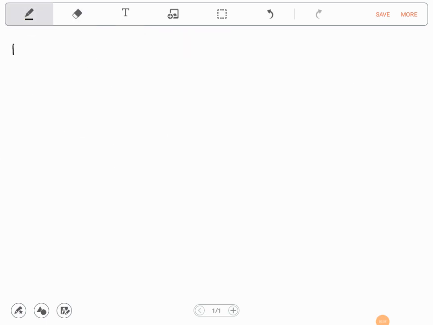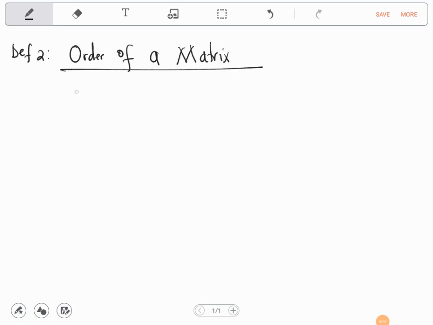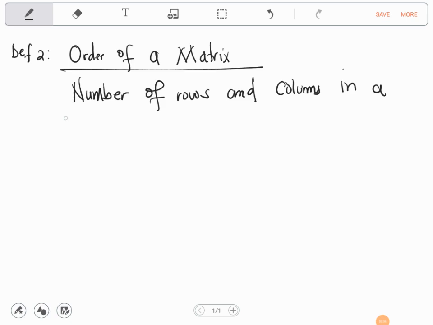Definition number 2, we are going to define the order of a matrix. What is the order of a matrix? This is just the number of rows and columns in a matrix.